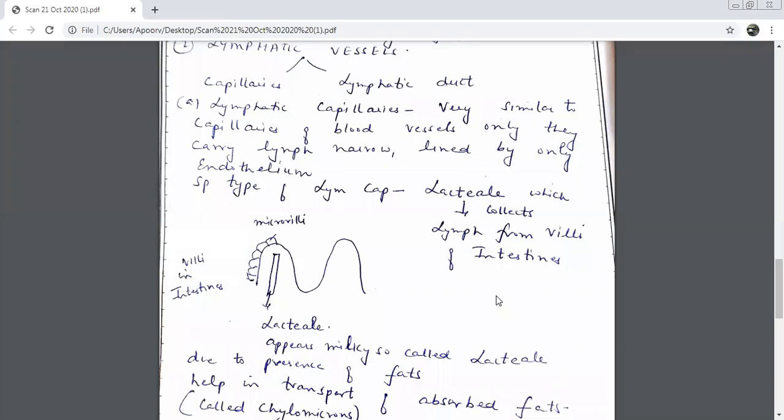What is the function of lacteal? Drishti, answer. Ma'am, it helps in the transport of the absorbed part.